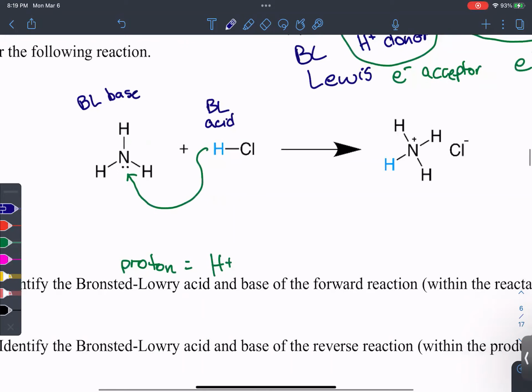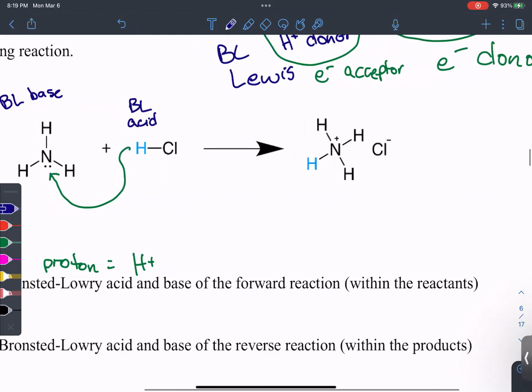All right, so let's do the same thing in the reverse reaction. Start on the product side and think, how can I turn the products into the reactants? Where is that hydrogen going? The hydrogen is popping back off of that ammonium, NH4, and it's sticking back onto that chloride. So in the reverse reaction, what is our Bronsted-Lowry acid now?